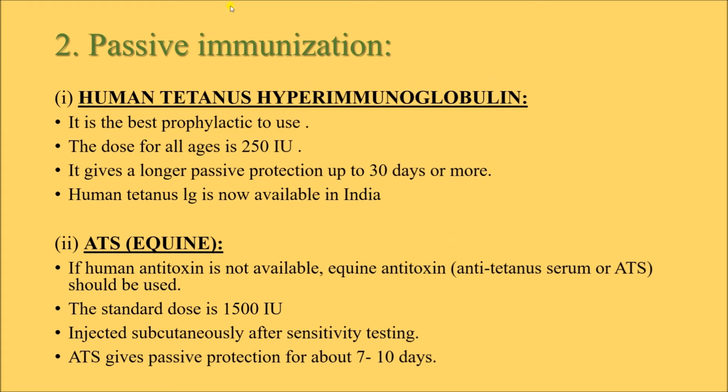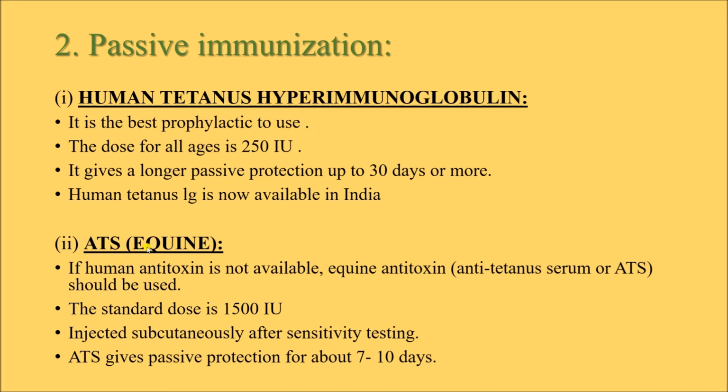Passive immunization is given by immunoglobulin. We have human immunoglobulin, also equine variety. So human tetanus hyperimmunoglobulin, it is the best prophylactic to use. Dose is 250 international unit, and it gives longer passive protection up to 30 days or more.